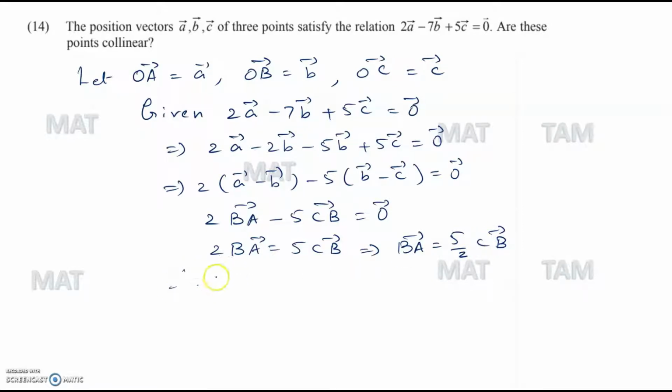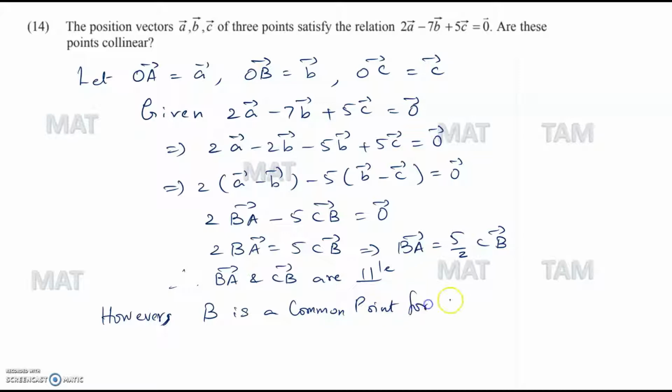Therefore BA vector and CB vector are parallel. However, B is a common point for BA vector and CB vector. Therefore, A, B and C are collinear.